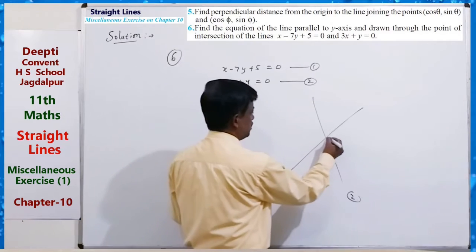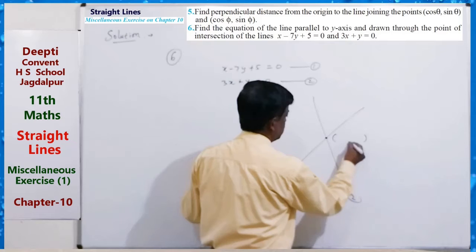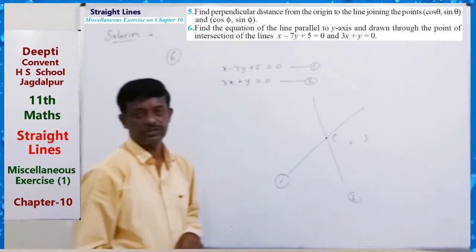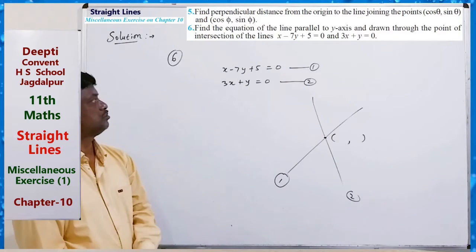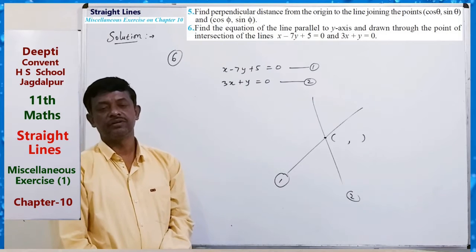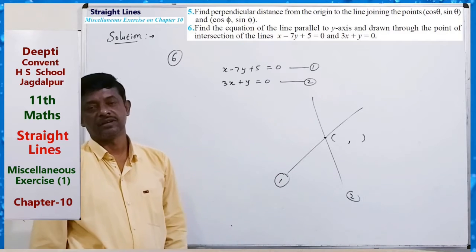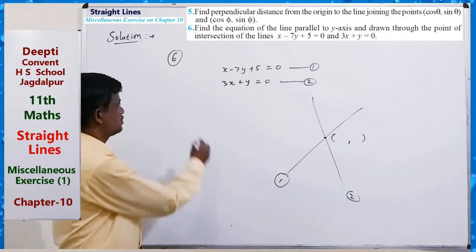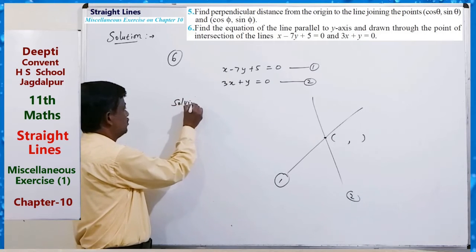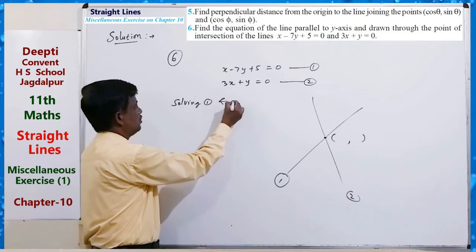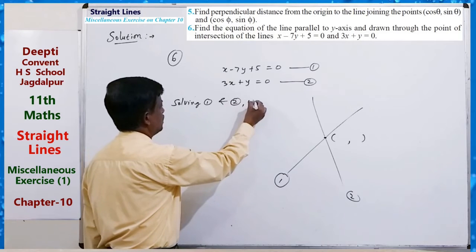Intersecting at a point. This point can be found by solving these two equations. By solving these two equations, we can find the value of the intersection point. So, solving 1 and 2, we get what?